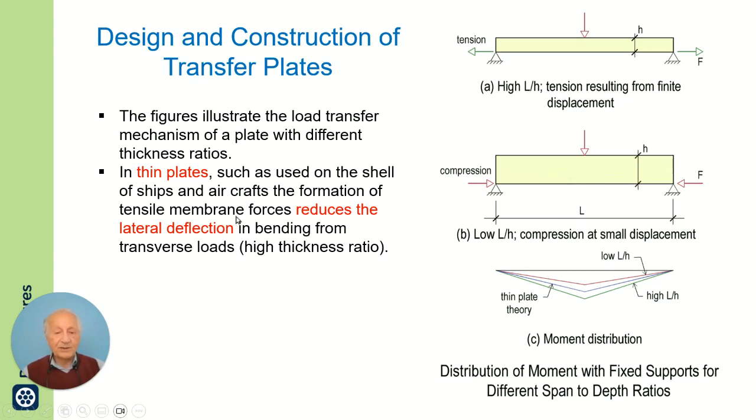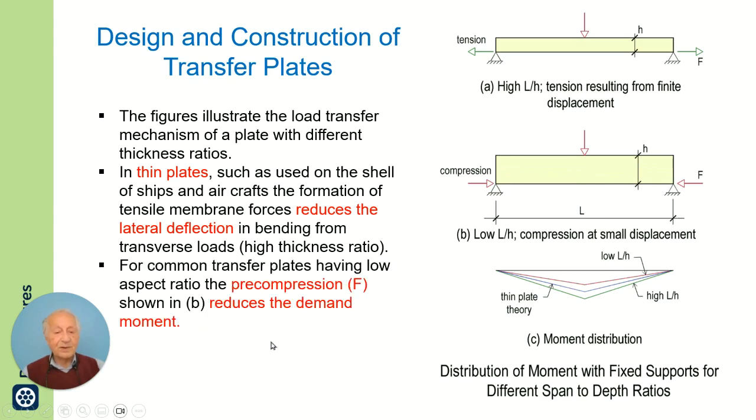This is background information, doesn't apply to concrete structures. It applies to metal structures, thin plates. For common transfer plates, however, having low aspect ratio, the precompression shown in B reduces the demand moment.